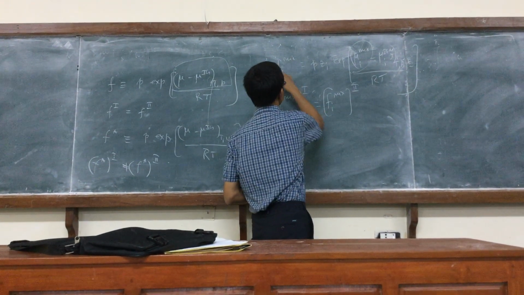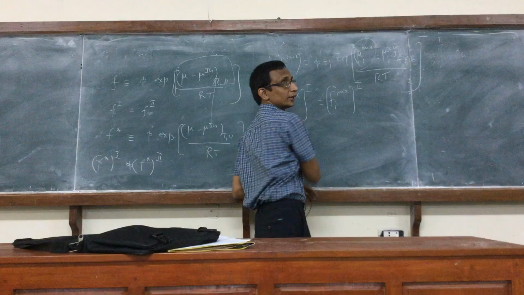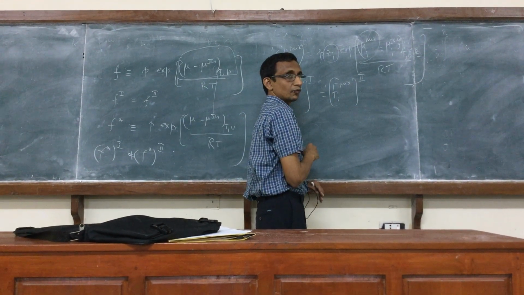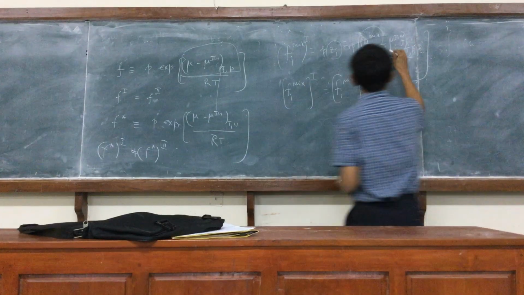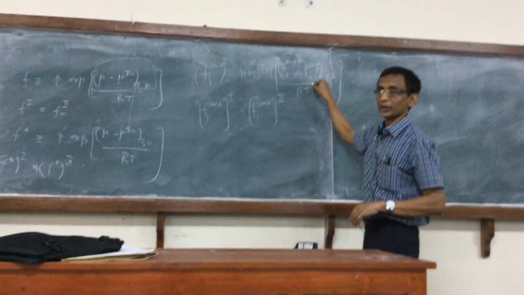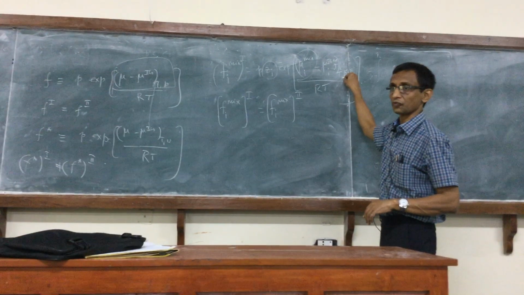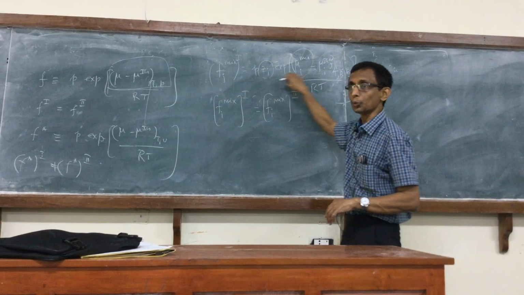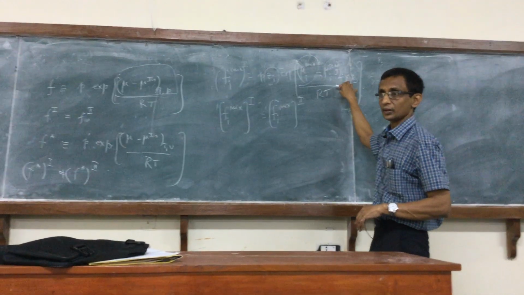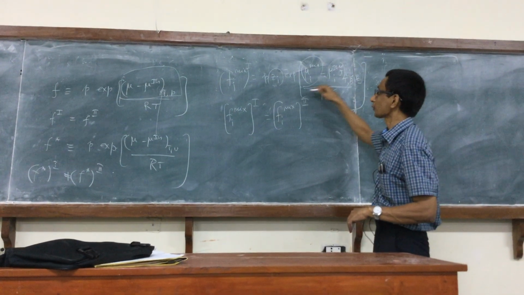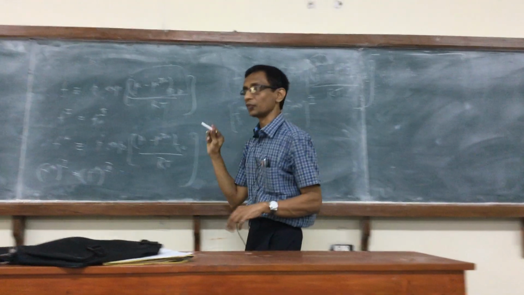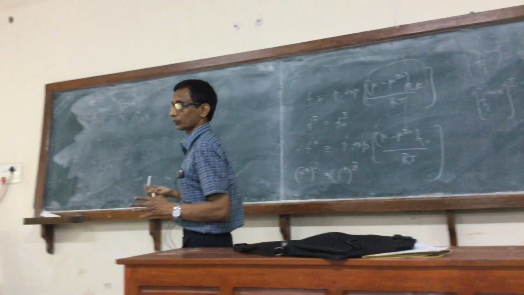So if I calculate this for phase 1, I have to put the mole fraction of phase 1. But then the ideal gas mixture also will be evaluated at the composition of phase 1. So there are two points where the composition of the mixture comes in, one here and one here, and you will see that the two will get cancelled out.